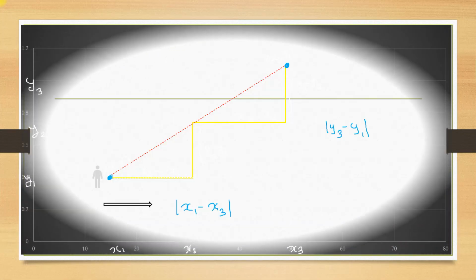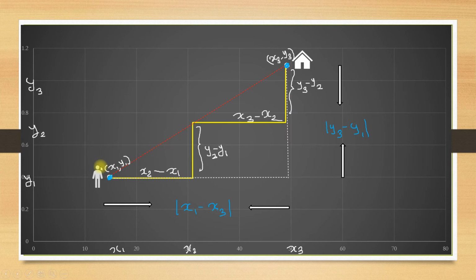Now consider the figure. There is a man and here is his house. He has to reach his house. There are three paths. First one is through the yellow line, second one is through the red line, and third one is through the white line.